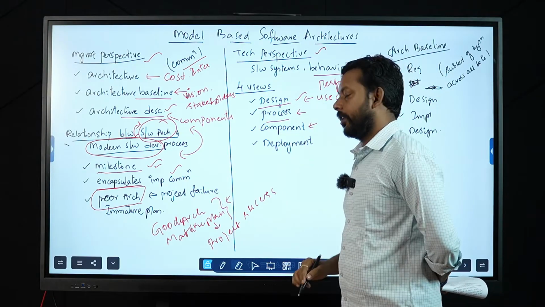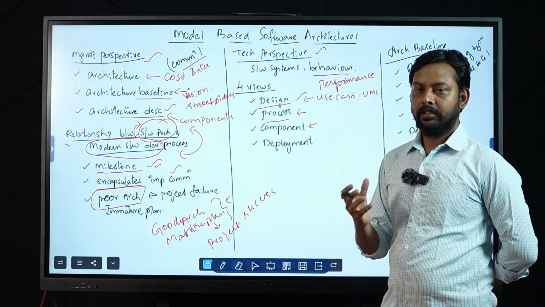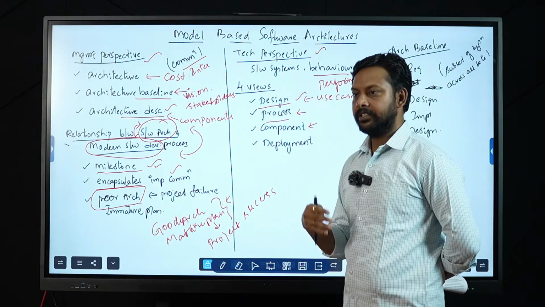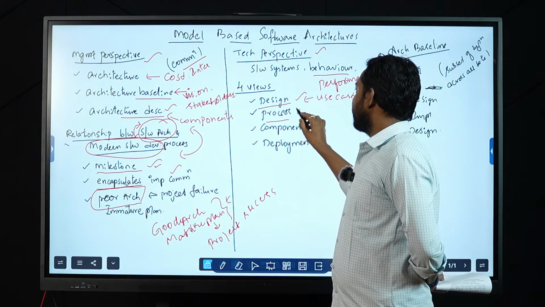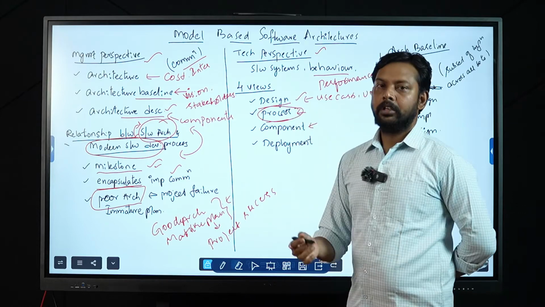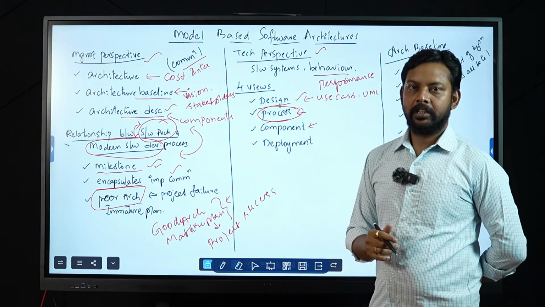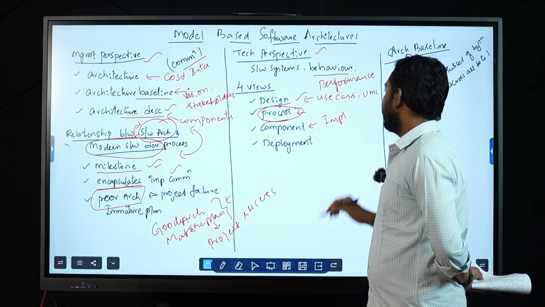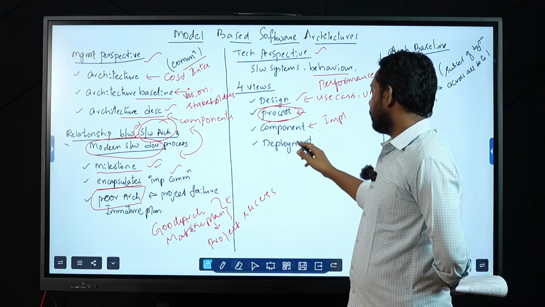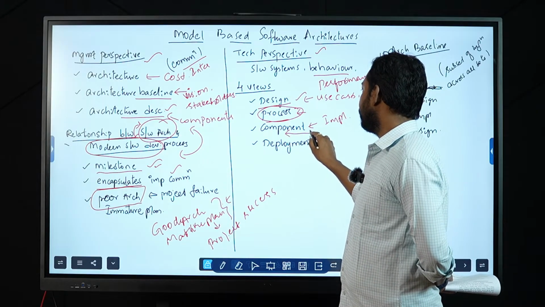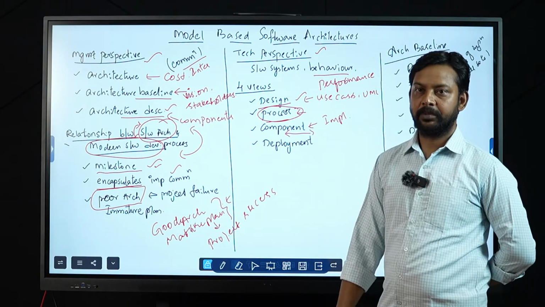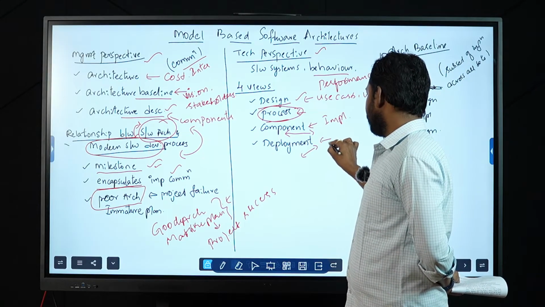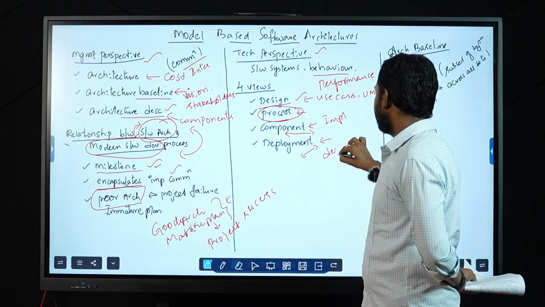The component view discusses the development of your project. Once you fix which process to follow, the component view covers the different components that are used in order to implement your project. And the deployment view deals with the deployment of your project.